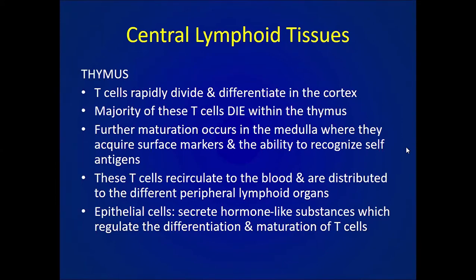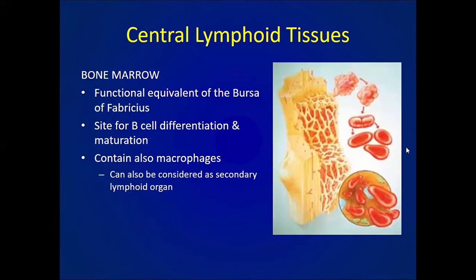Do not forget that there are also functions of the epithelial cells associated with your thymocytes. What is the function of these epithelial cells? They are responsible for secreting hormone-like substances which regulate the differentiation and maturation of T cells. Okay, so that is for the thymus.